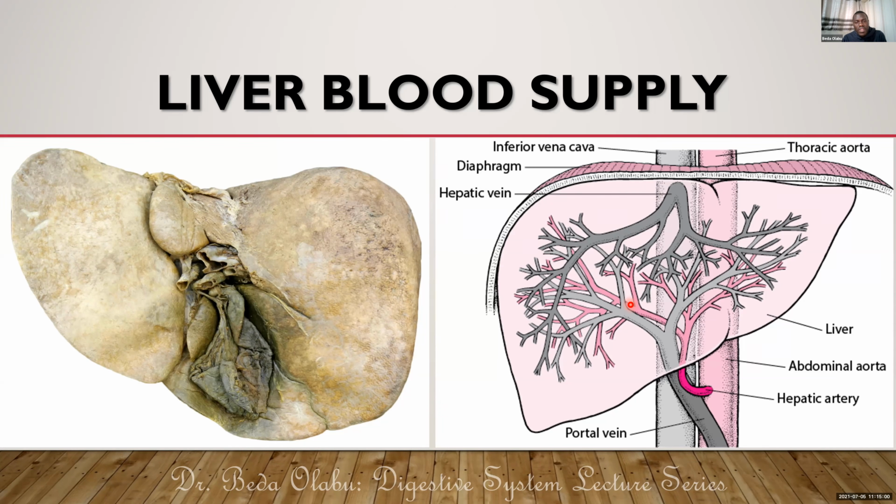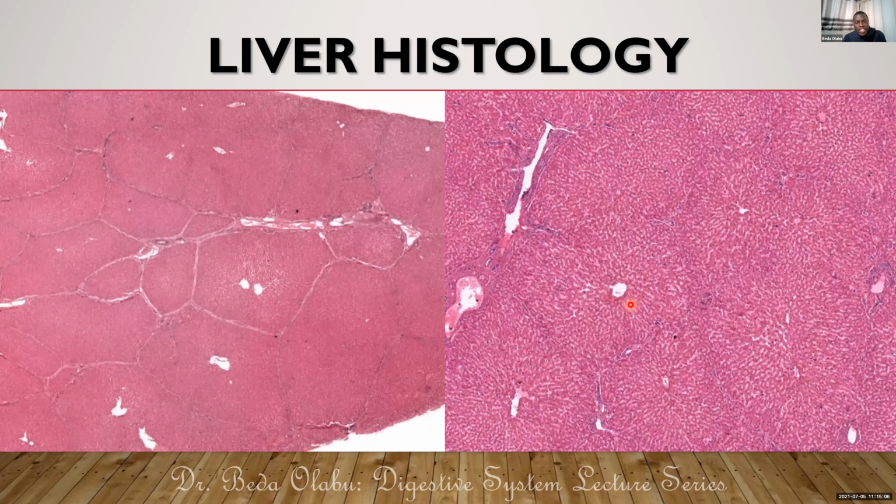Histologically, this is how the liver looks. I know we will look at histology again, maybe next trimester. But in a nutshell, the liver histology is largely made up of what we call the histological lobules of the liver. There are lobules that you can see here, 5-sided, 6-sided, 7-sided lobules.